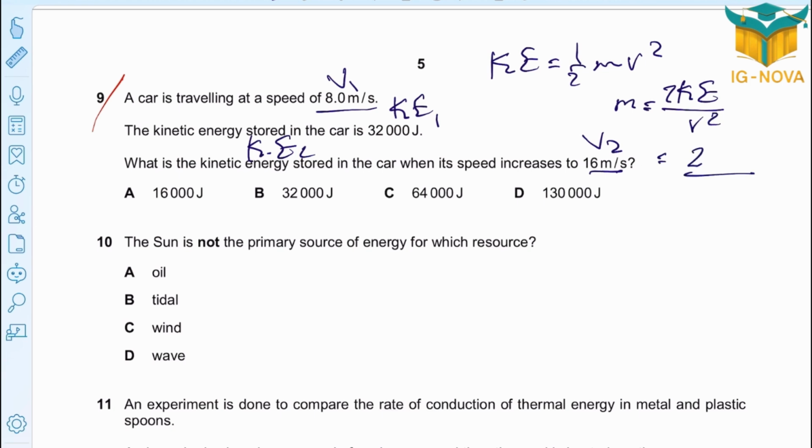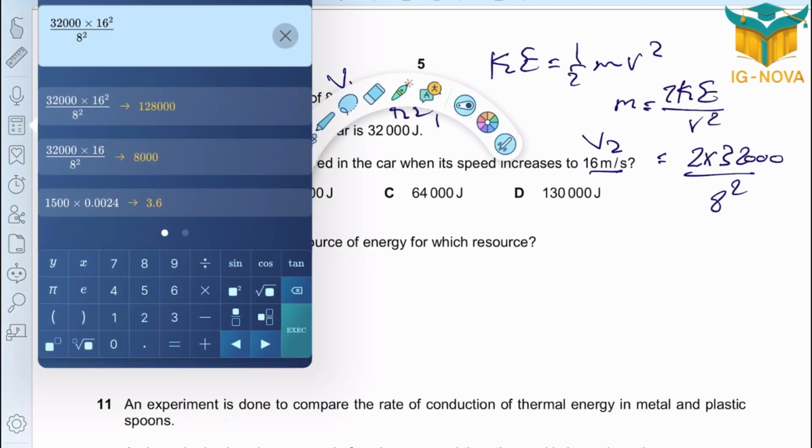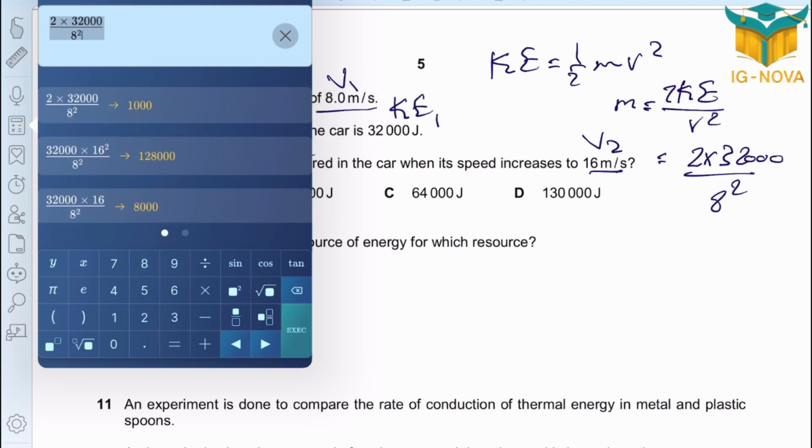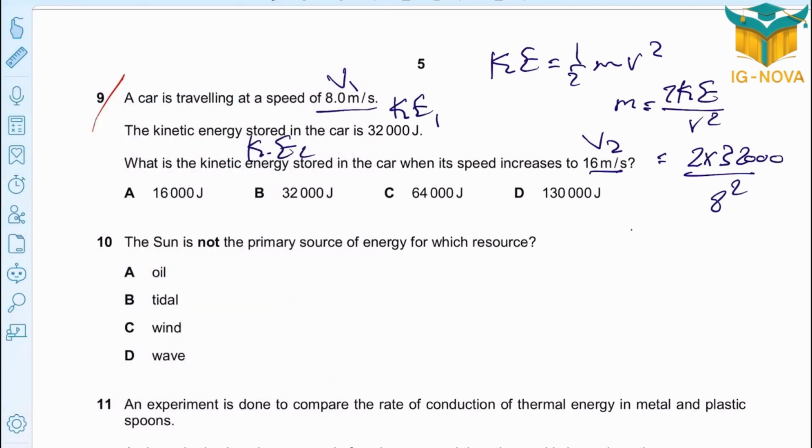Substituting the numbers, 2 times 32,000 over 8 squared. By using the calculator, the answer will be 1,000. Just to find the mass, it's 1,000. So mass here is 1,000 kilogram.